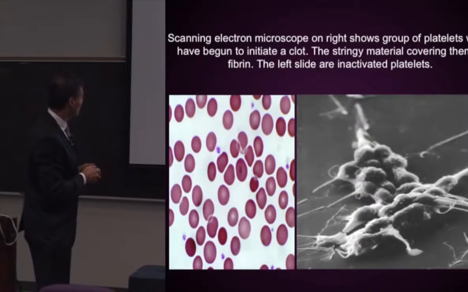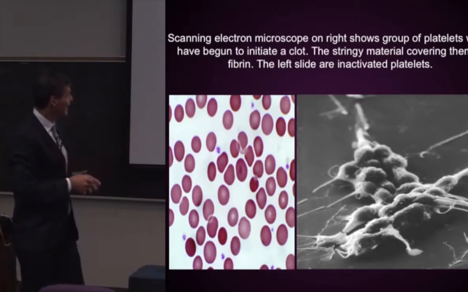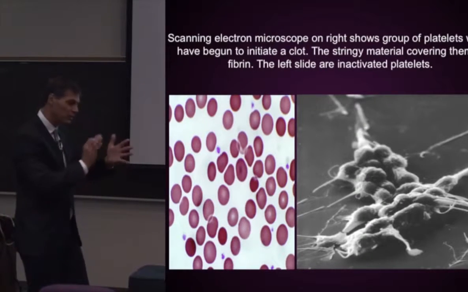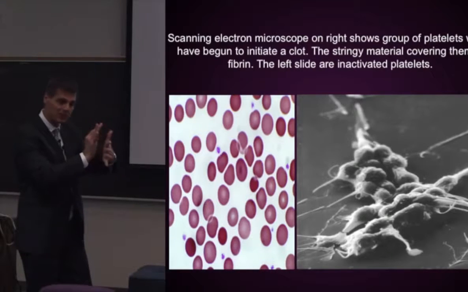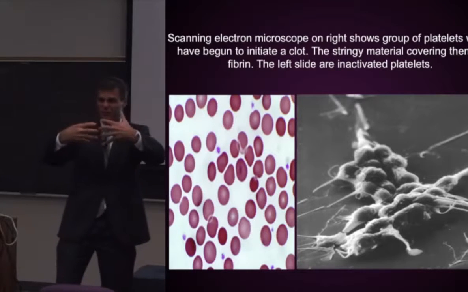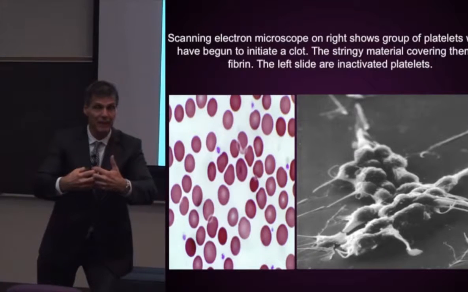So here's normal platelets just floating around, minding their own business. And then here's what happens when a thrombus starts to form. You see the platelets, they've adhered to each other. They've got little receptors, so they adhere to each other when they're stimulated to do so. And then you see all this stringy mesh-like material that's stringing it all together? That's fibrin.